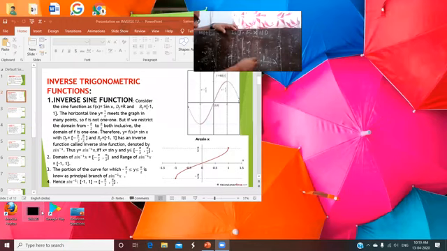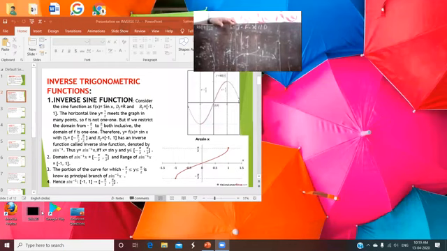Now you see the graph is increasing, and you mark it like that. So the graph of the sine inverse function is obtained like that.